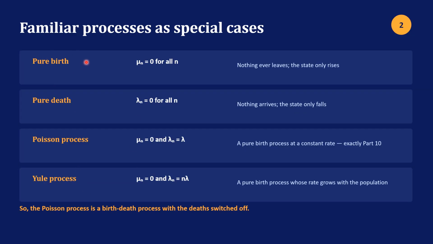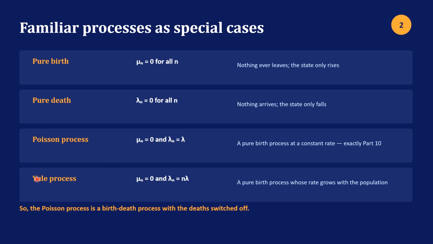So these are some subcases. We have pure birth processes where mu sub n equals 0. Nothing ever leaves, the state only rises. Then we have just the opposite, a pure death process where lambda sub n equals 0 for all n. Nothing arrives, the state only falls. Then we have the Poisson process, which we talked about in the previous lesson, and there the death rate is 0 for all values of n, and lambda sub n is just the constant lambda, as we saw before.